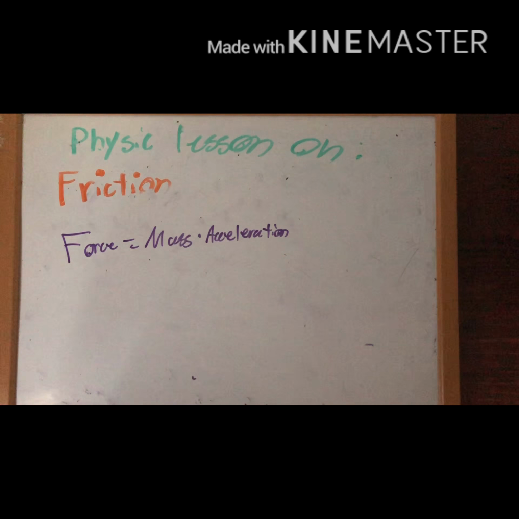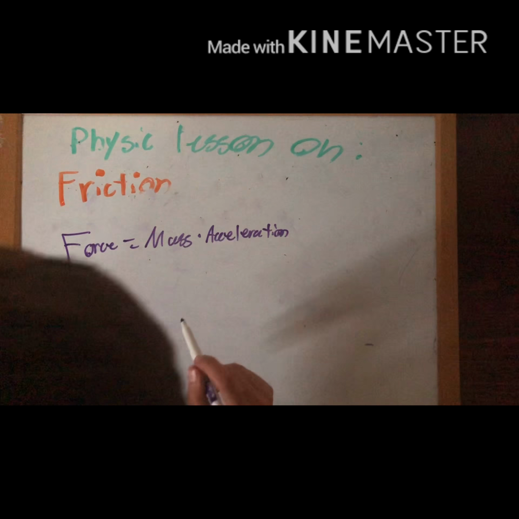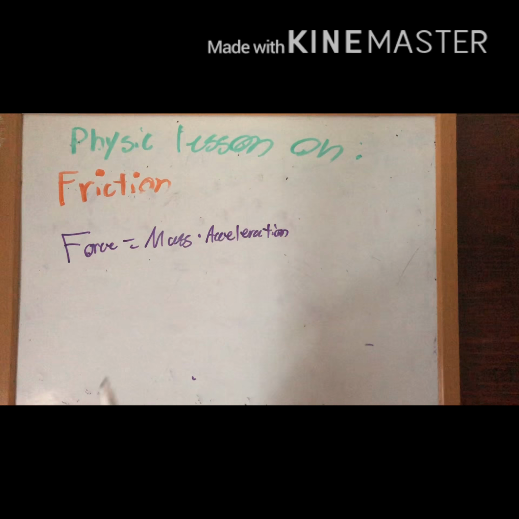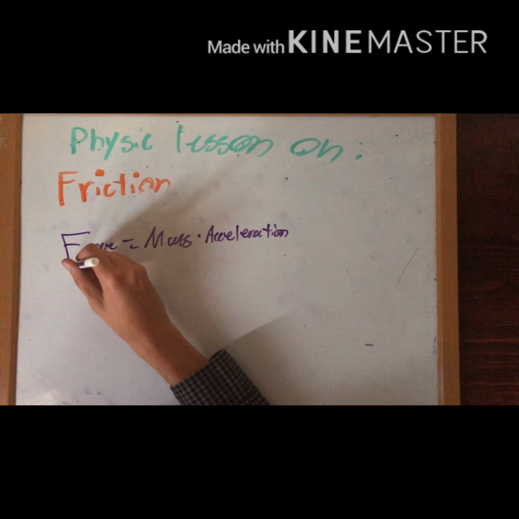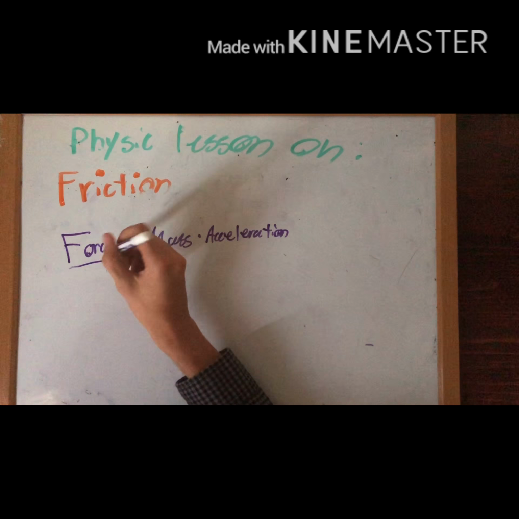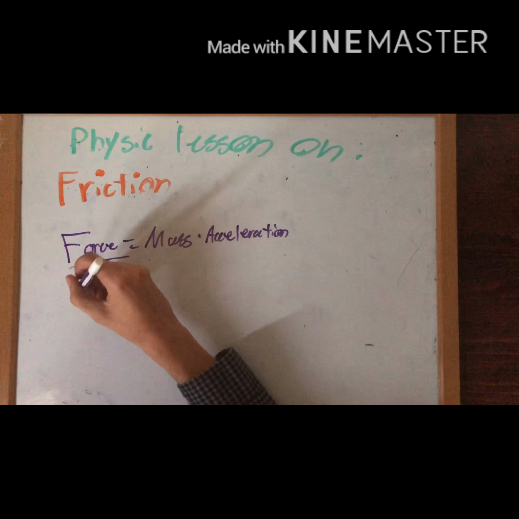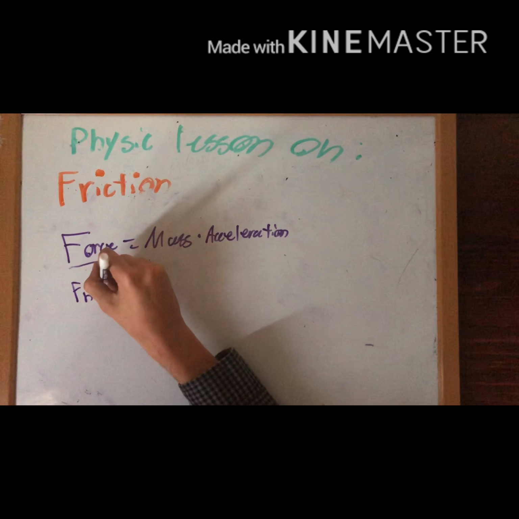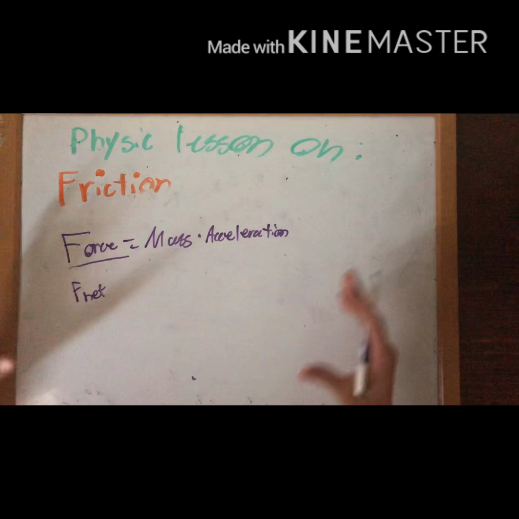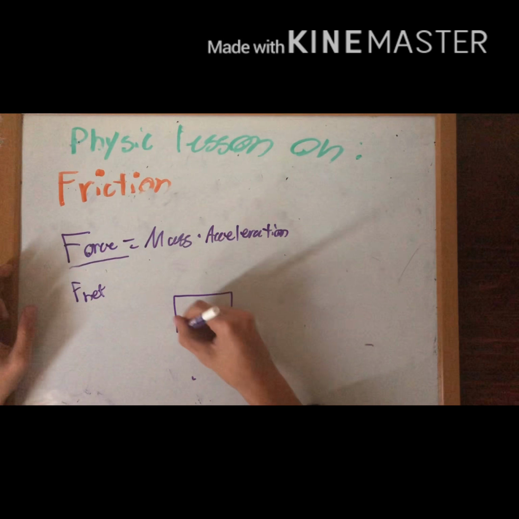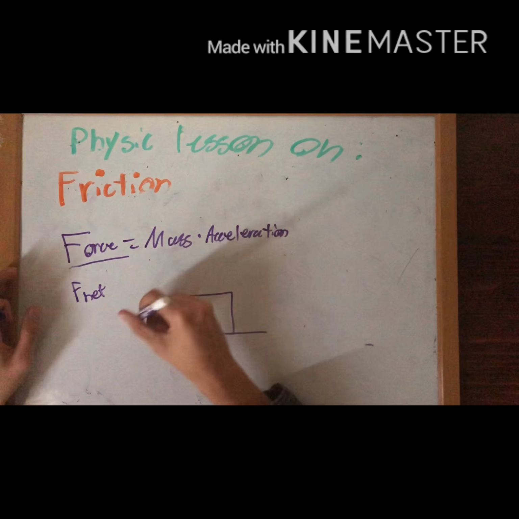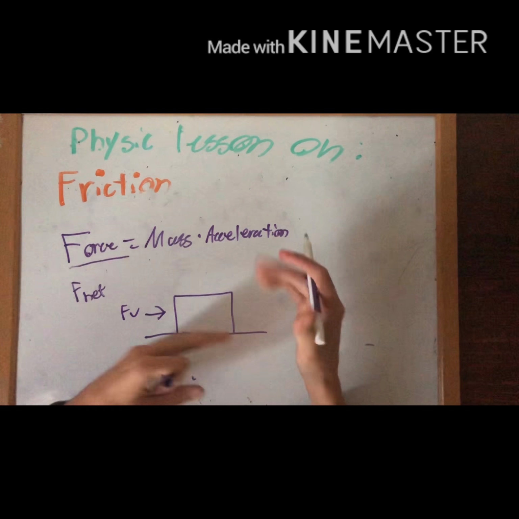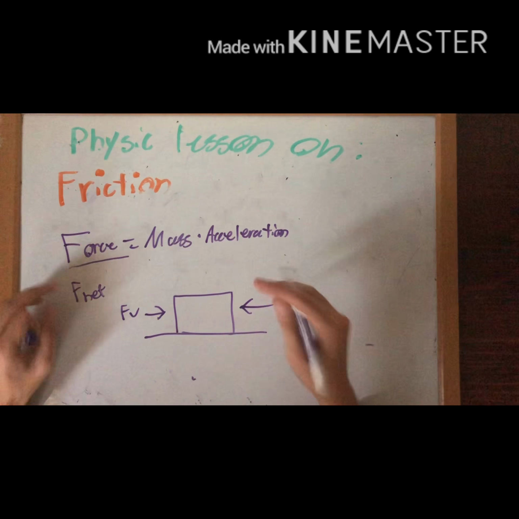The most important part of solving friction problems is the force equals mass times acceleration formula. Whenever you use this formula, it's mainly with the net force. The net force is the culmination of all the forces being acted upon an object. So there's maybe the force of you pushing the object, and there's the force of friction pushing against you.